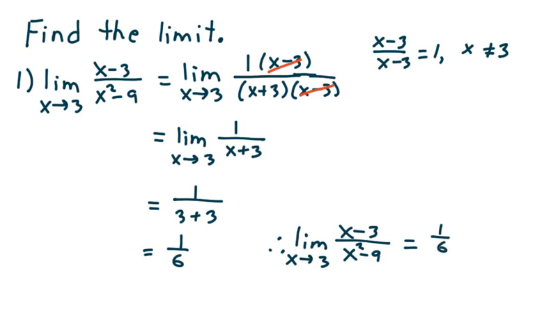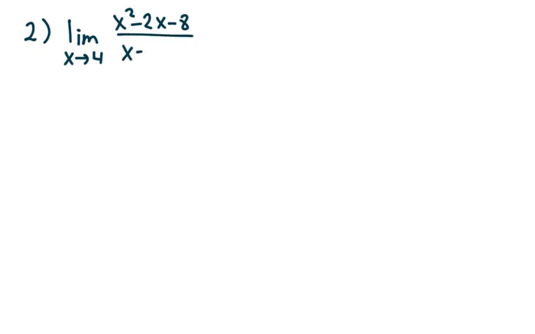And that's example 1. Let's take a look at example 2. Suppose I had the limit as x goes to 4 of x squared minus 2x minus 8 divided by x minus 4. When I look at that numerator, I notice that I can factor it, and that's what I plan to do.